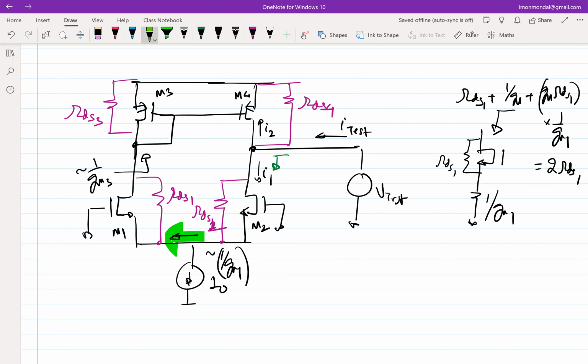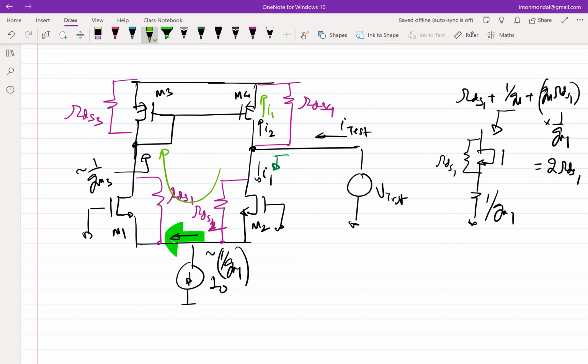This incremental I1 is flowing through this. And when it flows through this, it excites the gate of M3, thereby exciting the gate of M4. Or in other words, M3 and M4 are mirrors. Right? So there will be a current I1, which will be flowing also because of this mirroring effect.